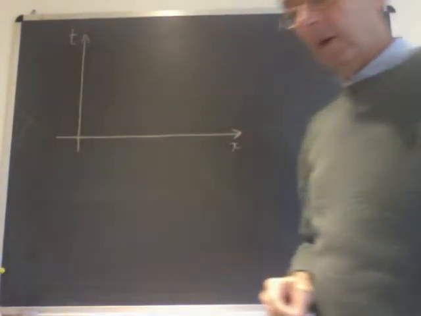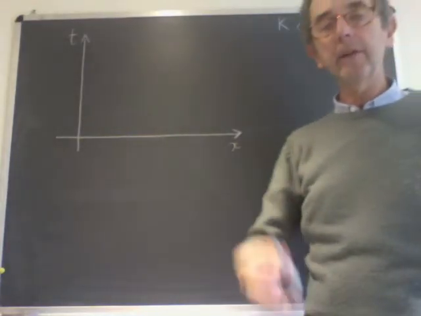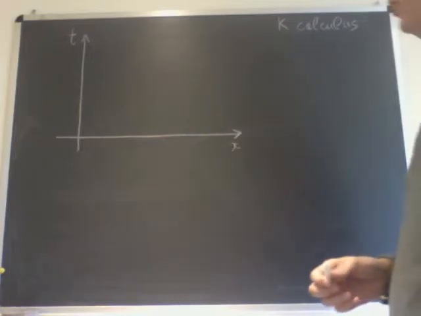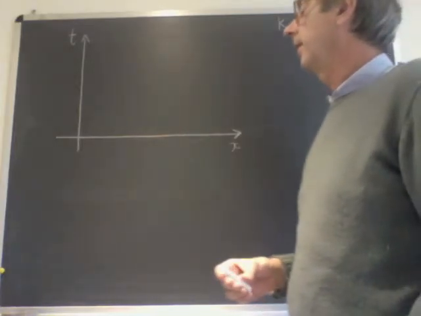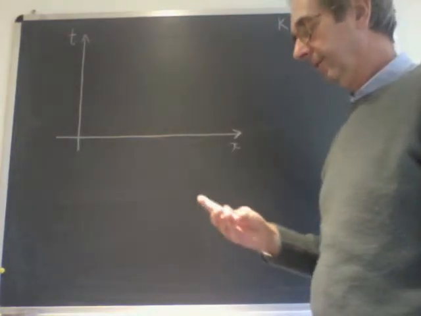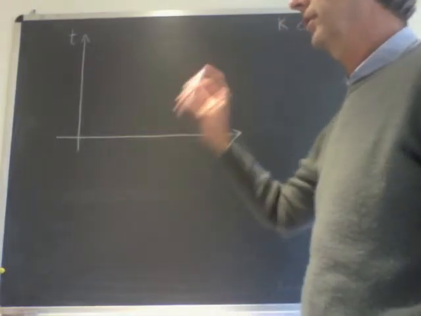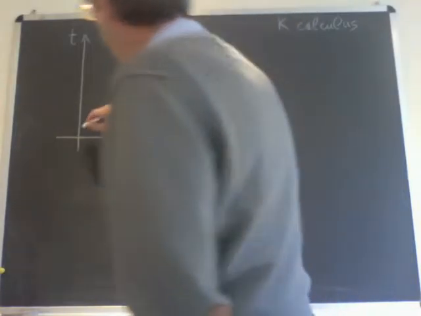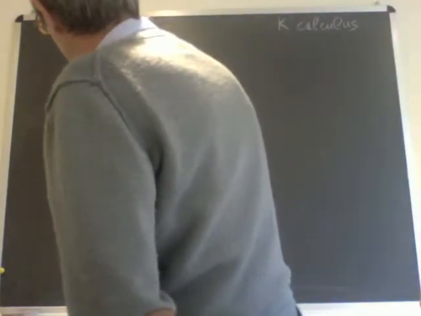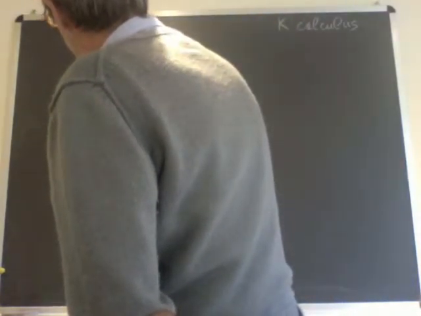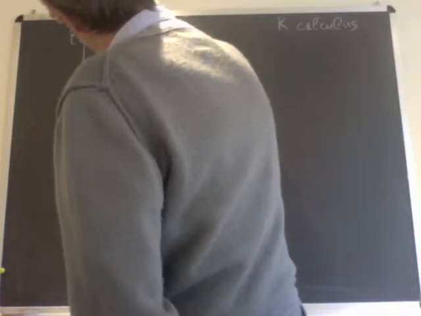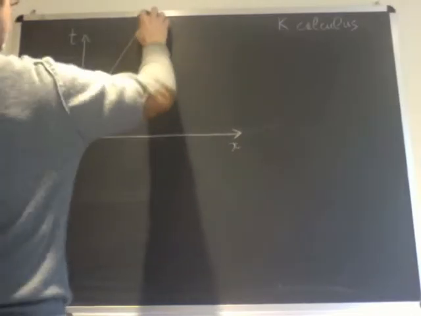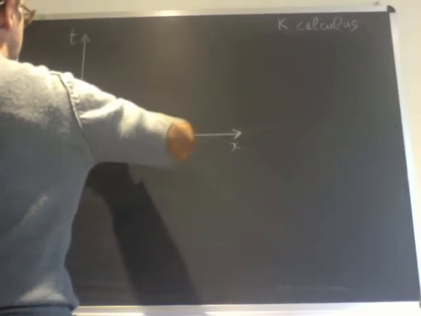We know that if I want to represent on this diagram the motion of a body traveling in a straight line with a constant velocity v, I simply draw a straight line like this. Oops, not very straight. Let's do it again.